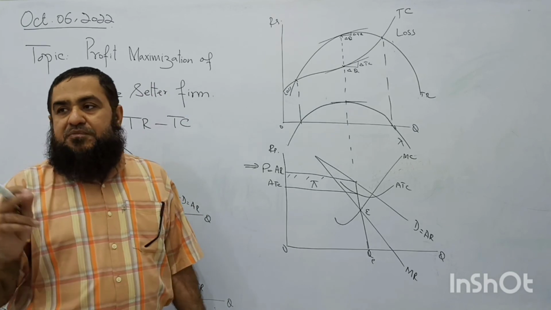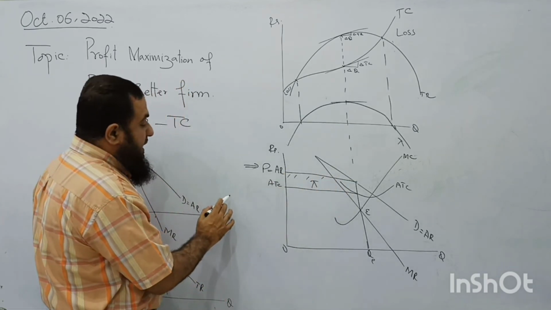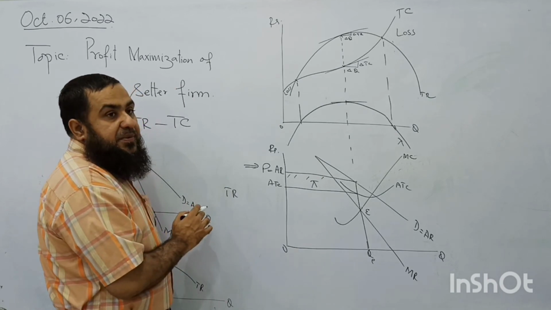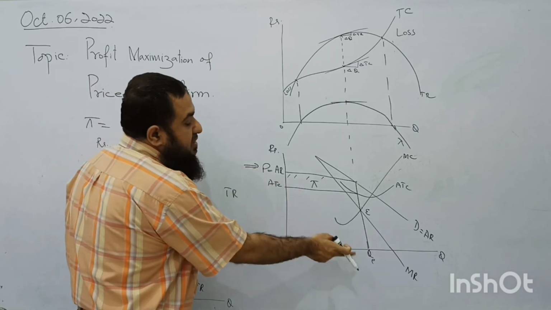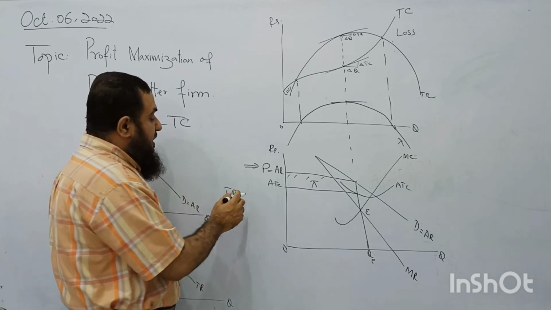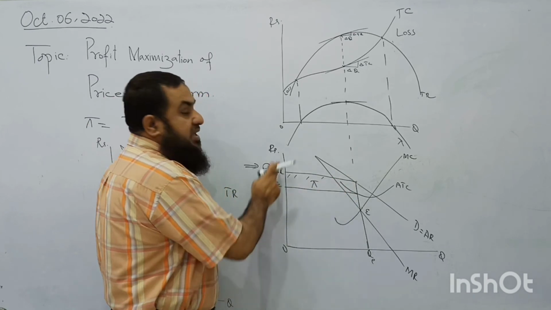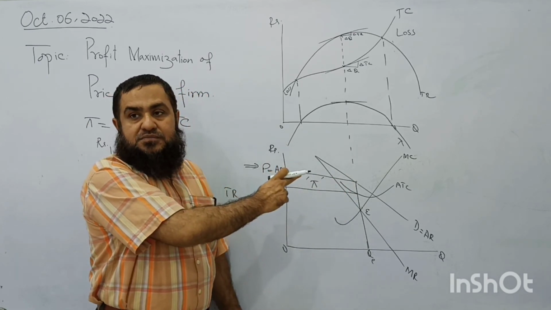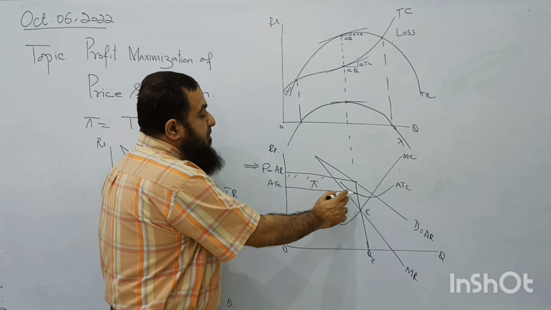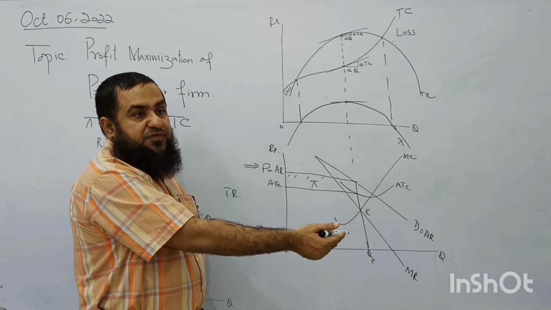This rectangle, please listen. The upper rectangle, if we want to find total revenue, how can we find it? Multiply price and quantity, or average revenue with quantity, we will get what? Total revenue. So this upper rectangle is showing us the total revenue of the firm, and this area below the average cost is showing us the total cost of the firm.